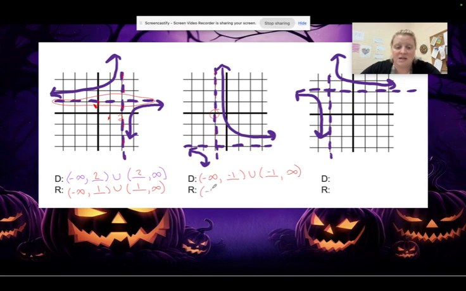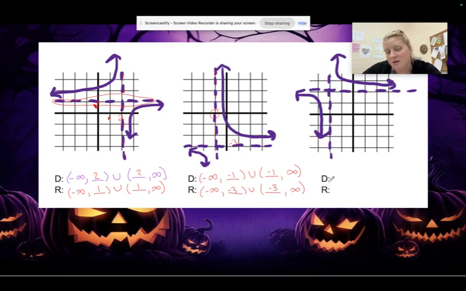Range is going to be the same setup. There is no lowest, we have a break, there is no highest point. So when you look at your horizontal asymptote, 1, 2, 3, that goes through -3 on the y-axis. So we have a break at -3.